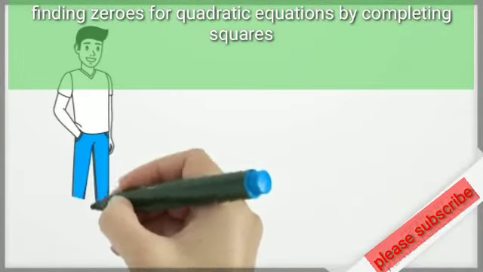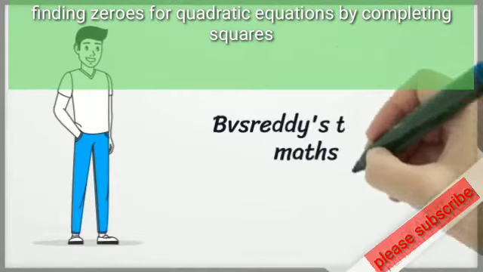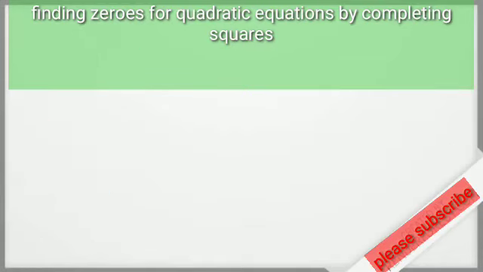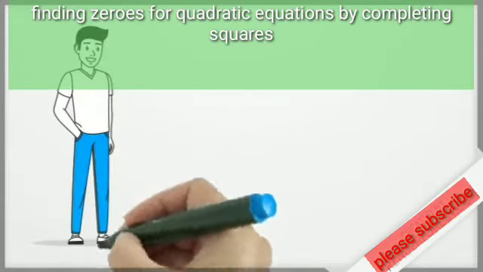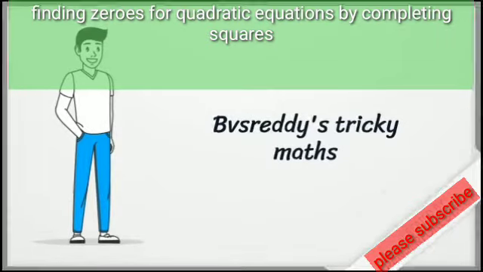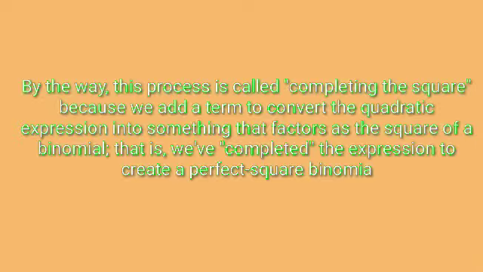Hi, we learn finding zeros for quadratic equations by completing squares. Completing squares is a very important method in polynomials factorization or finding roots.